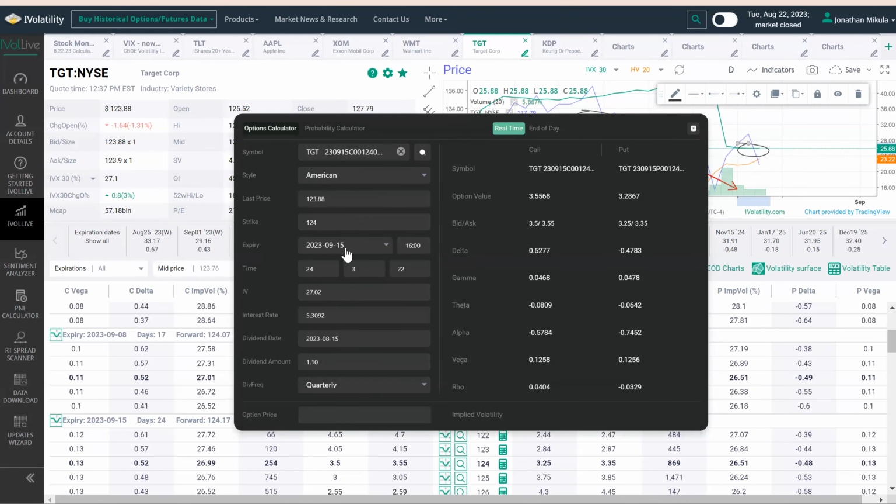We can come over here on our options calculator. Again, we could play market maker. We could say, okay, there's 24 days left. What happens when we go to 5 days left? And what happens if implied volatility goes from 27 down to 17, because it gets less volatile as we go further out. And we can see here the call option at 124 today costs, say, 3.60, the difference between the bid and the ask.